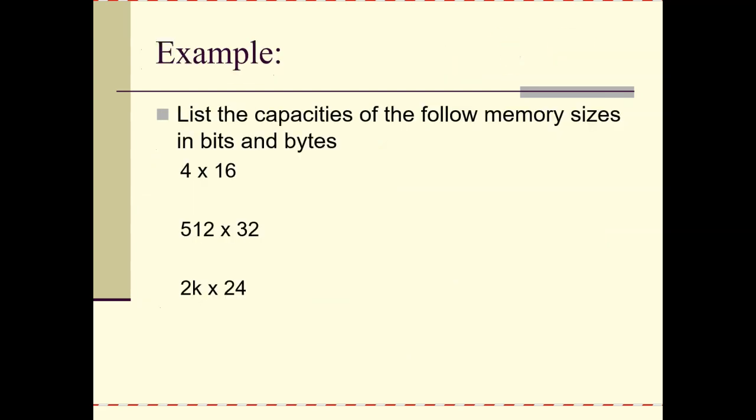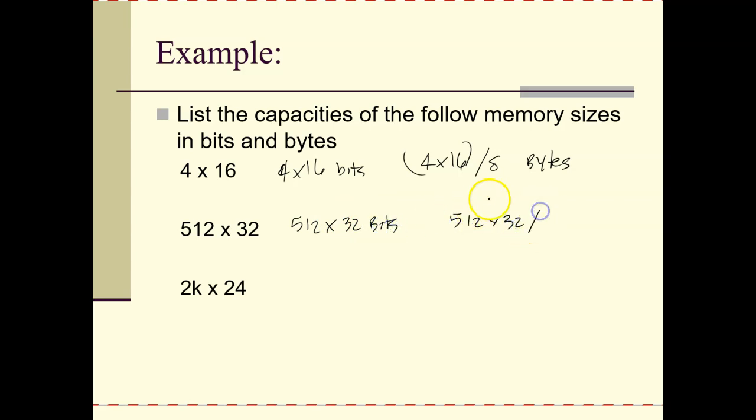So a couple examples here is we're going to list these memory sizes in bits and bytes. So this is going to be bits. It's 4 times 16 bits, and it's 4 times 16 divided by 8 bytes. So this is 512 by 32 bits, or it's 512 by 32 divided by 8 bytes.